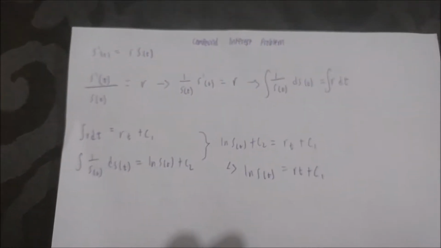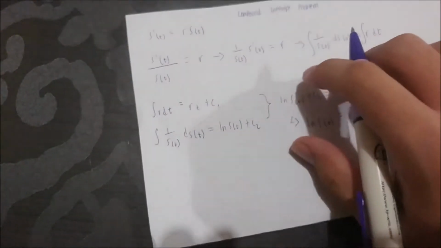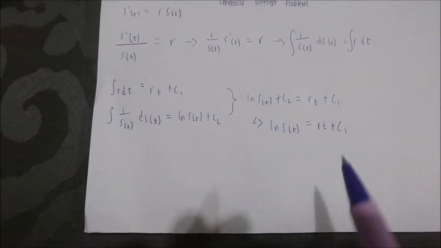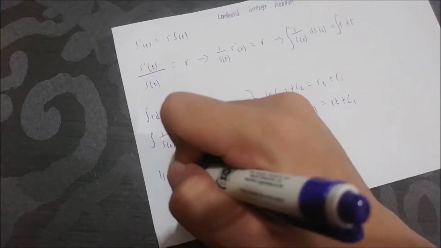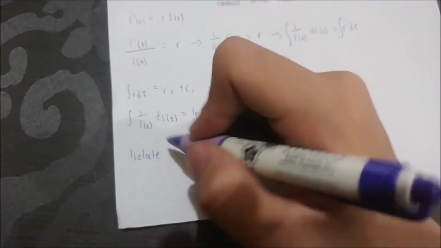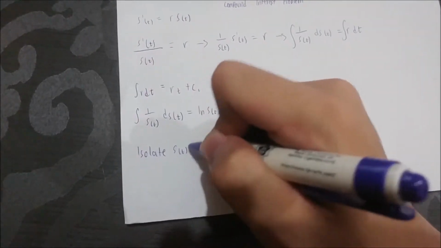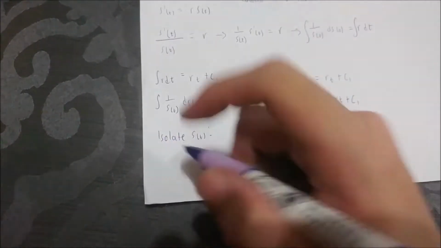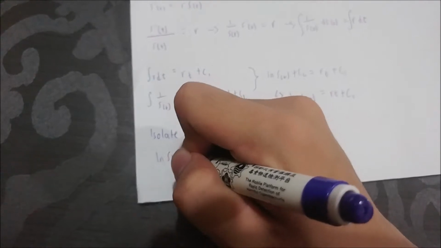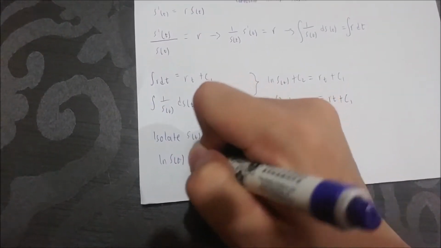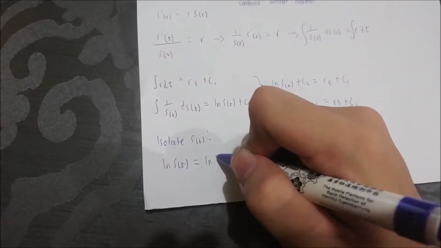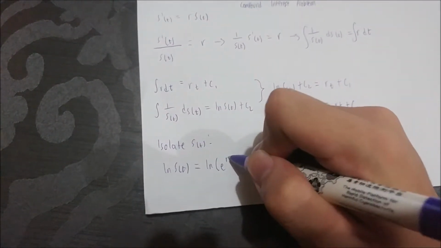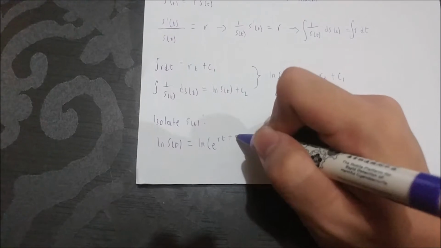Alright, so we're nearing the end of this differential equation. Since we have this, we are going to isolate s of t. So ln s of t is going to be equivalent to the logarithm of e raised to rt plus c1.